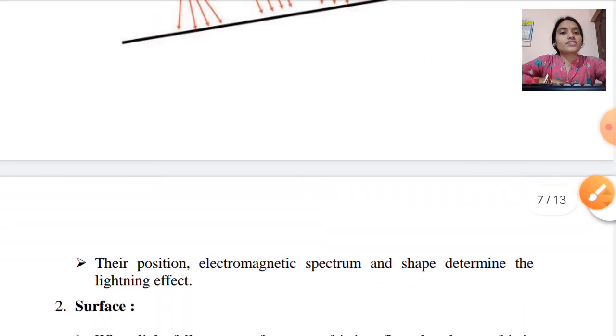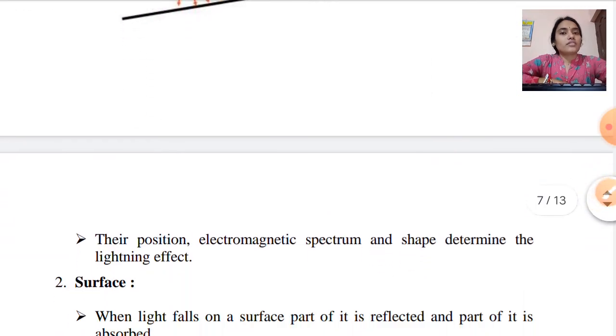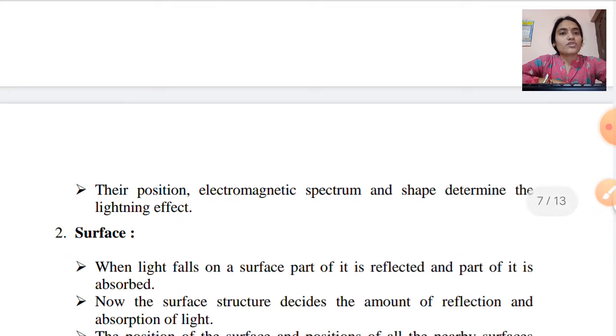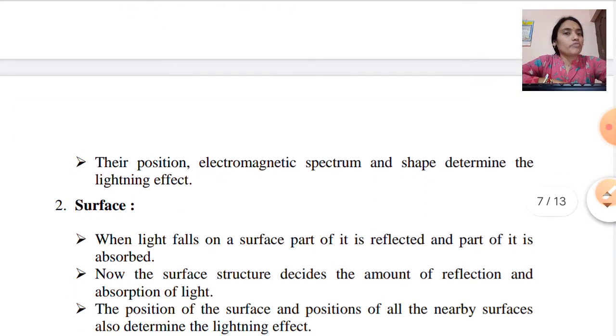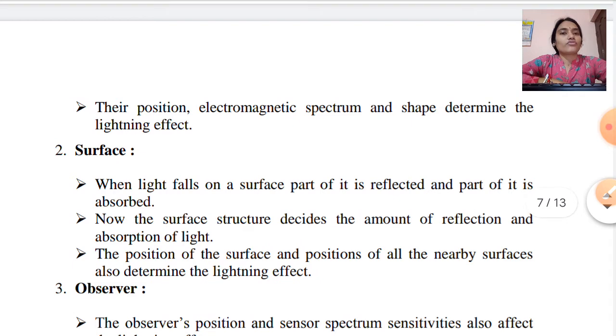Next we discuss the surface. In the light sources, their position, electromagnetic spectrum, and shape determine the lighting effect. When light falls on a surface, part of it is reflected and part of it is absorbed.